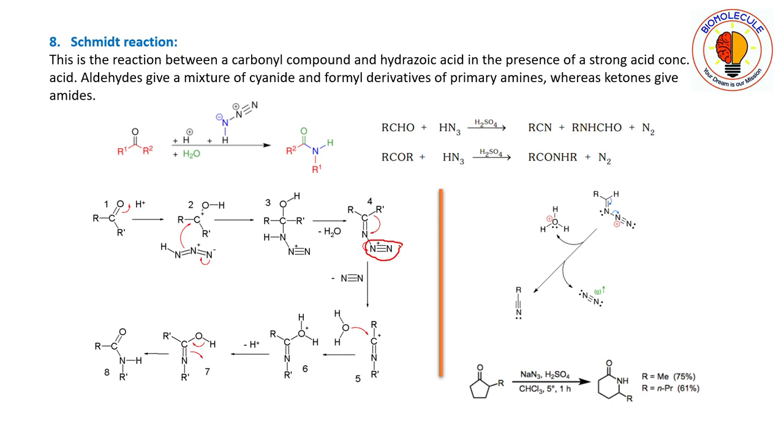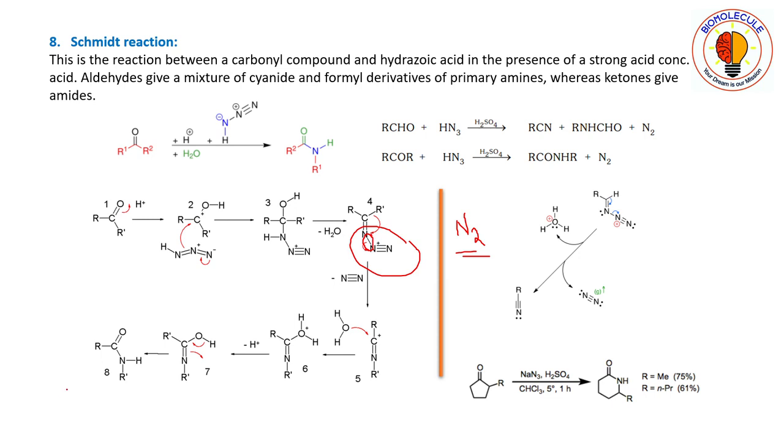This nitrogen molecule is a very stable species and it does not react. But over here this nitrogen has a positive charge, so it can neutralize its positive charge by taking this bond.